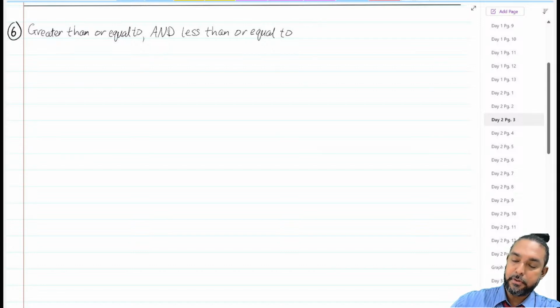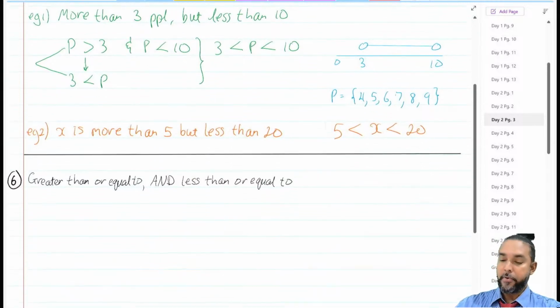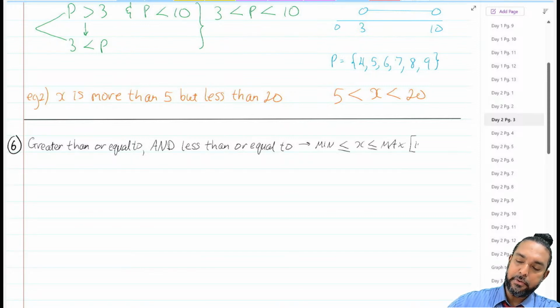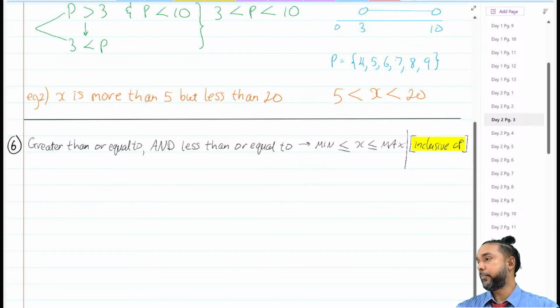But in this case, you're going to have a minimum value, a maximum value, but this here, it will be inclusive of. So the values can be included, right.